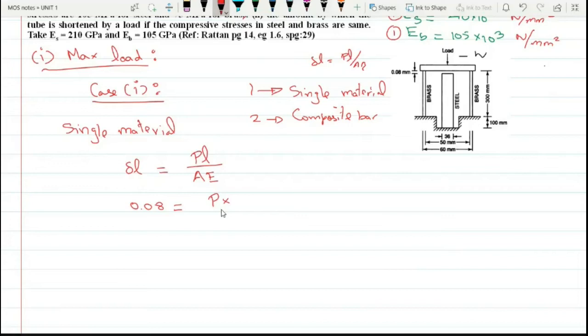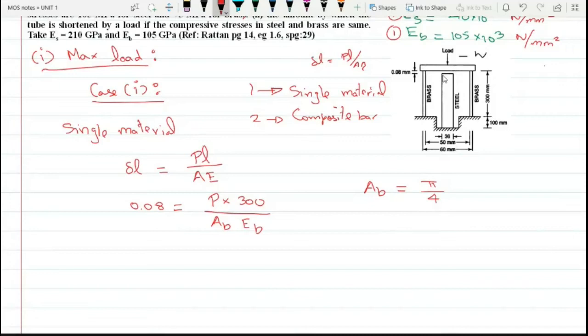L. What is L? So L is the length of your brass. The length of the brass is 300, so the total length is 300. So it is 300 divided by area of brass into Young's modulus of brass. Now, my aim is to identify the area of brass.